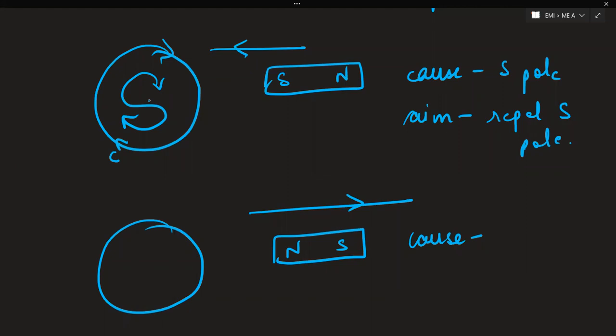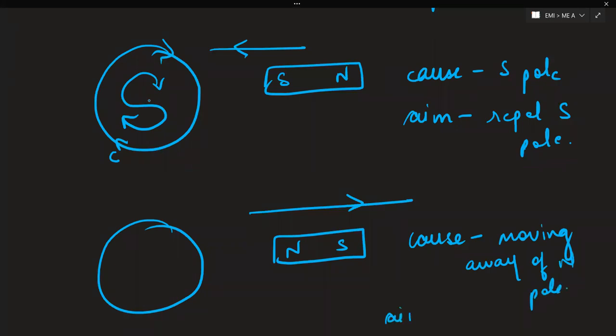Is the flux decreasing or increasing? Decreasing here. So this change in flux is now the cause. The north pole moving away is the cause.